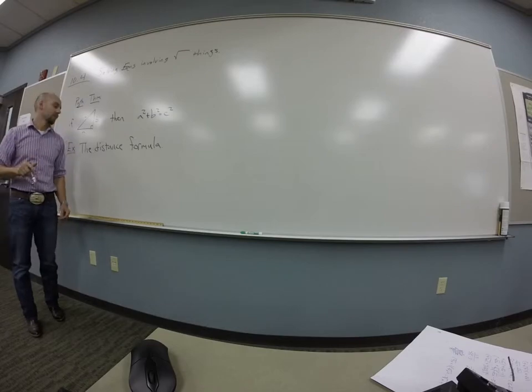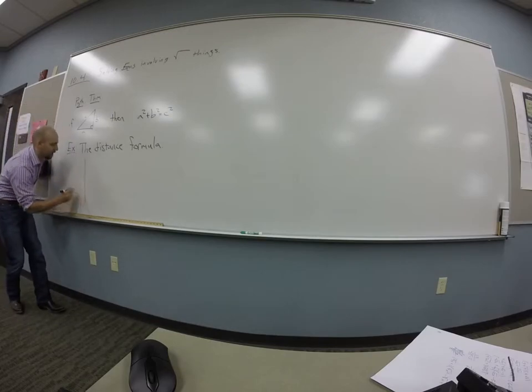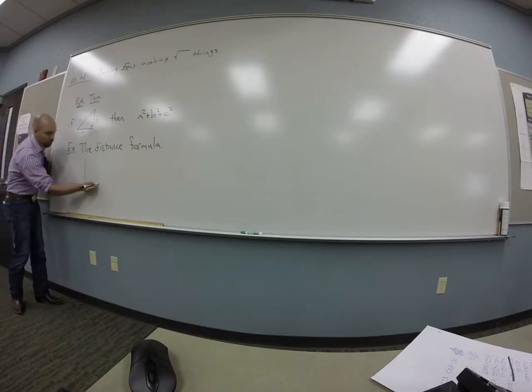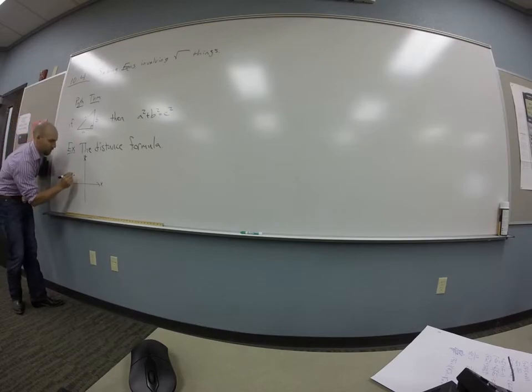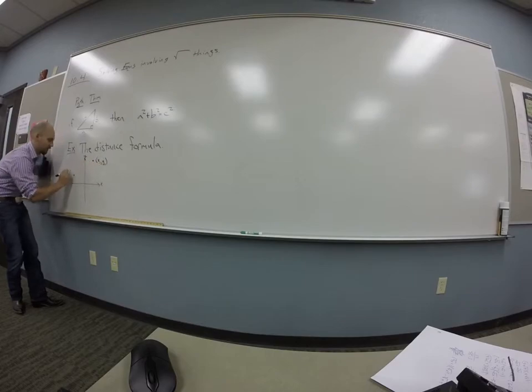So I want to work with the distance formula. Here's a plane, my usual Cartesian XY plane. If I have 2 points in here, any old points, say x1, y1, and x2, y2.